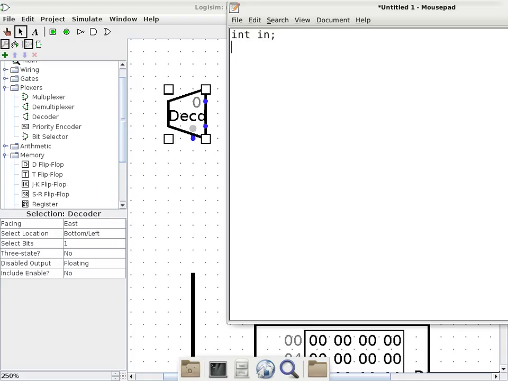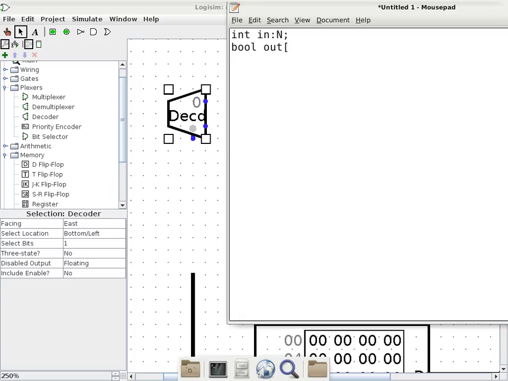That's a variable controlling the input. The output would be an array of booleans, right? So boolean out, and that's going to be dependent on the width of in. If you remember in C syntax, you can specify in a structure that a field has a certain number of bits. So let's say this is n bits here.